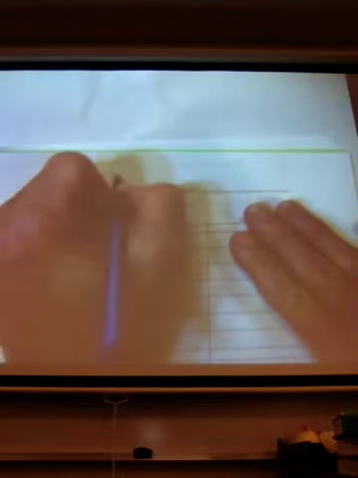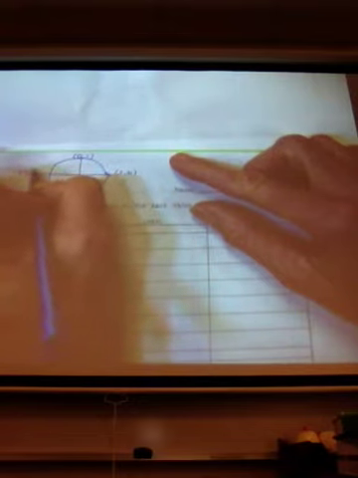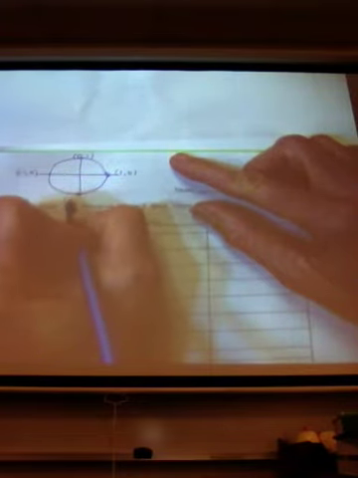And I want you up here, and Anna, please write this down, is that you have here, and this is your 1, 0. This is 0, 1. This is negative 1, 0. This is 0, negative 1.